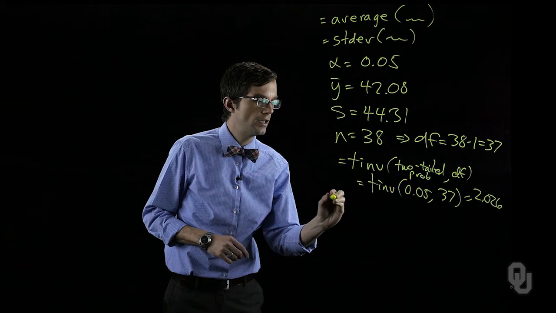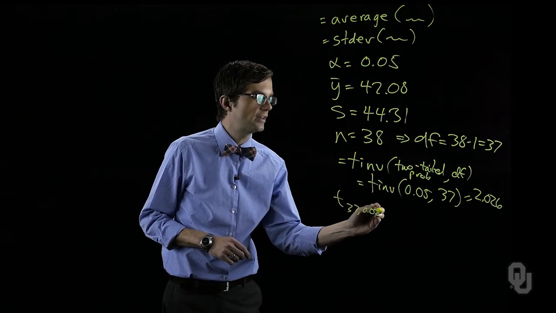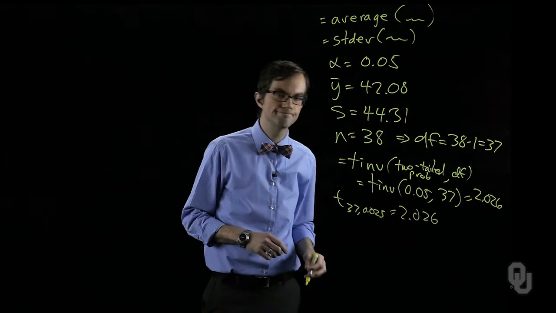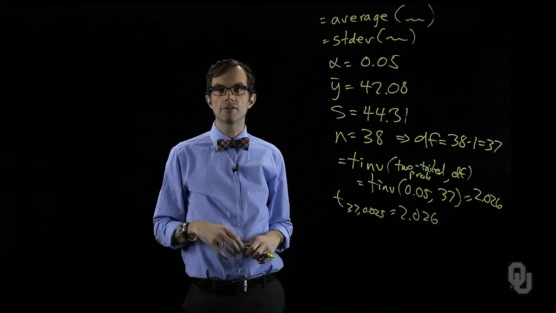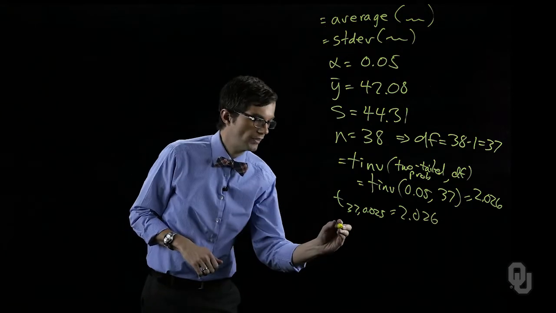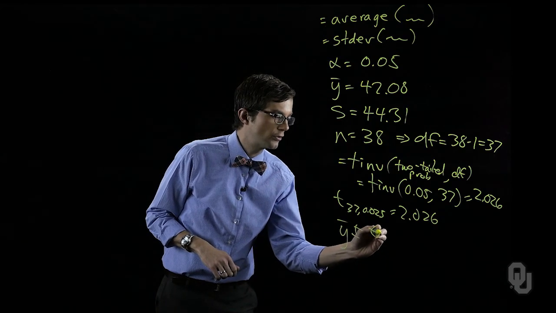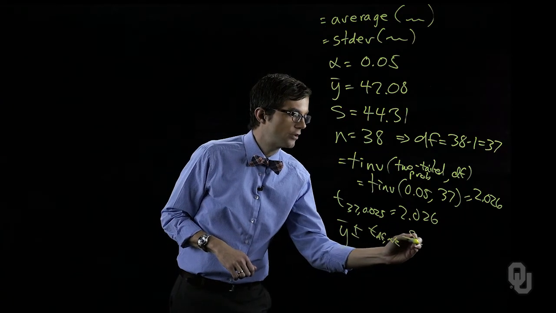That is t with 37 degrees of freedom and 0.025 in the tail is 2.026. So now we have everything that we need to calculate this confidence interval.